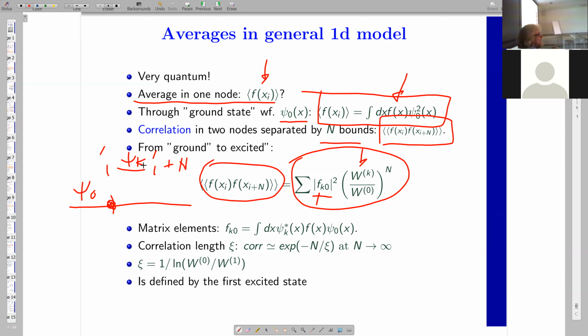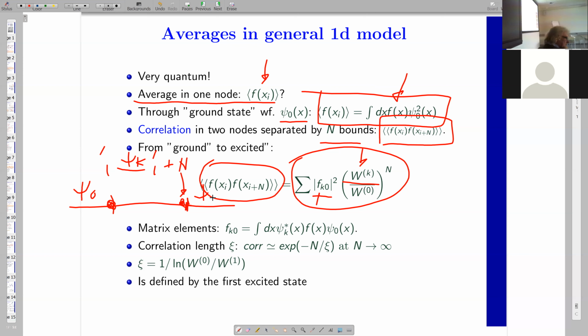So I need to invoke the function of the excited state, right? And also the corresponding energy. And this excited state persists till the node with this number, and then it gets to the ground state again. A typical quantum mechanical construction involving transition elements to higher states, and you see that here in statistical physics.